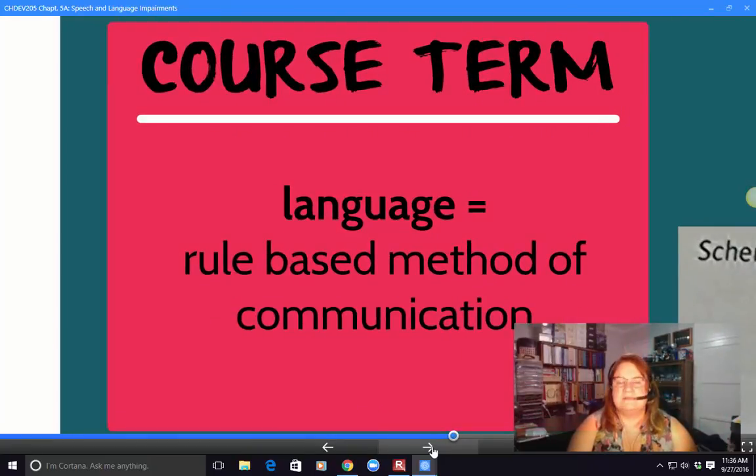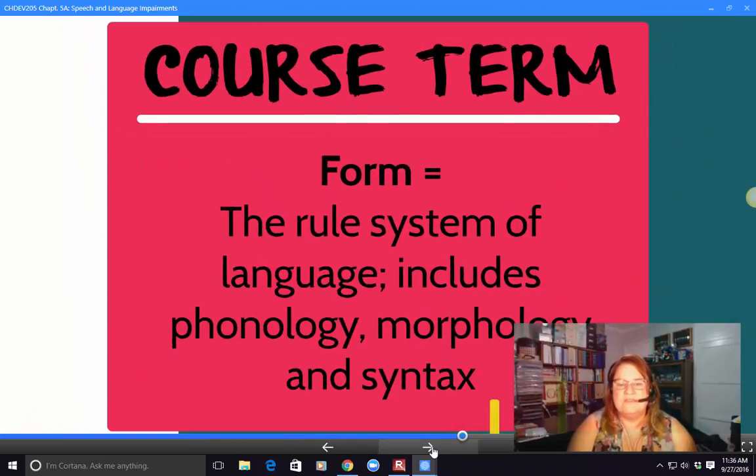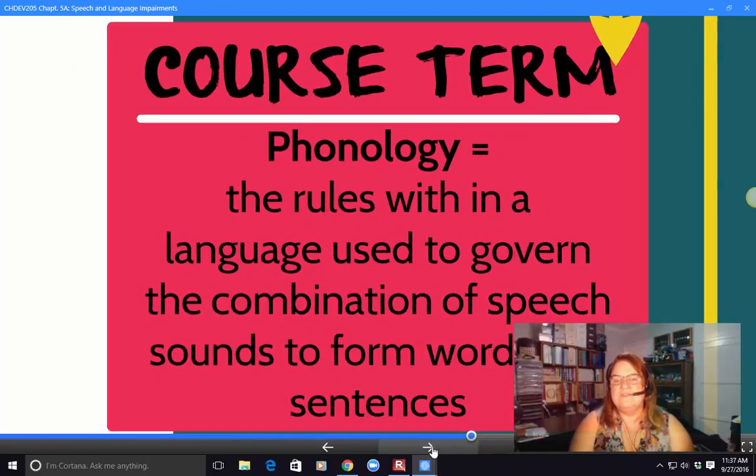So again, if we remember, language is the rules of our language. The form includes phonology, morphology, and syntax, and let's talk about that a little bit. Phonology is like phonics. I don't know if some of you learned phonics in preschool or early school. It's putting two letters together.